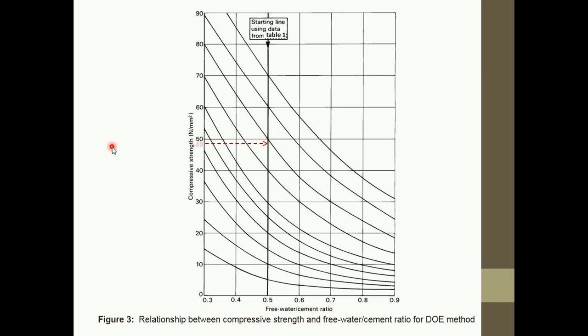We project the value of 49 to the starting line, and then draw another curve intersecting at the starting line. For the new curve, we have already calculated our target mean strength, which is 54. Then you project to the new curve, and next project to get the free water cement ratio. Here approximately we get 0.46.